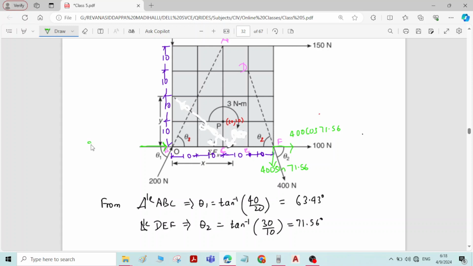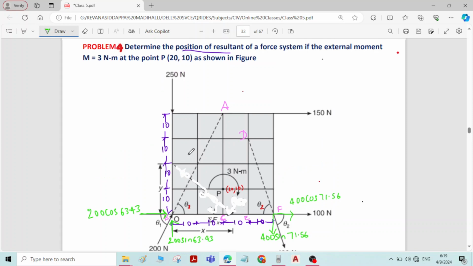Horizontal component will be 200 cos 63.43. Then vertical component will be 200 sin 63.43. So we have written the components.